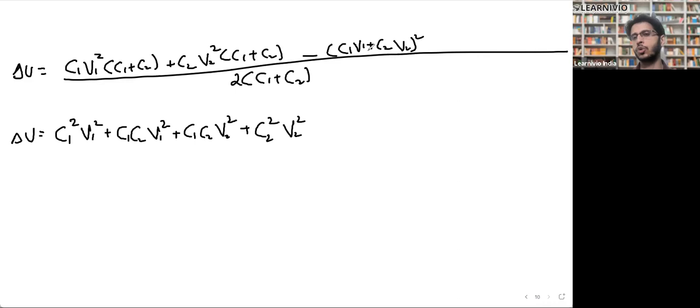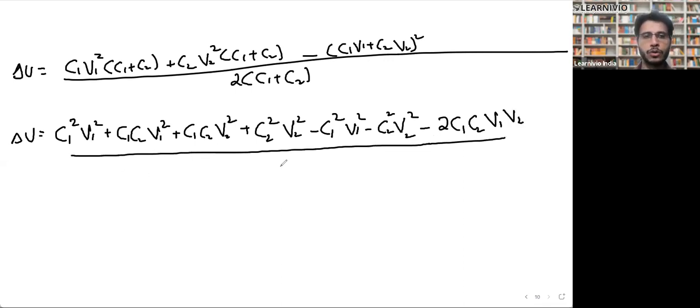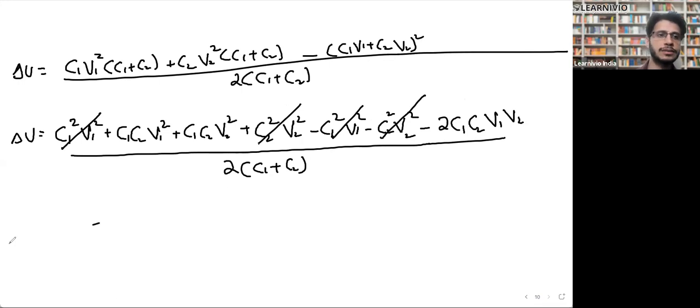Then you open this whole square. You will be left with C1 square V1 square, plus C2 square V2 square, plus twice C1 C2 V1 V2, divided by twice of C1 plus C2. So C1 square V1 square cancels this thing, and C2 square V2 square cancels this thing.